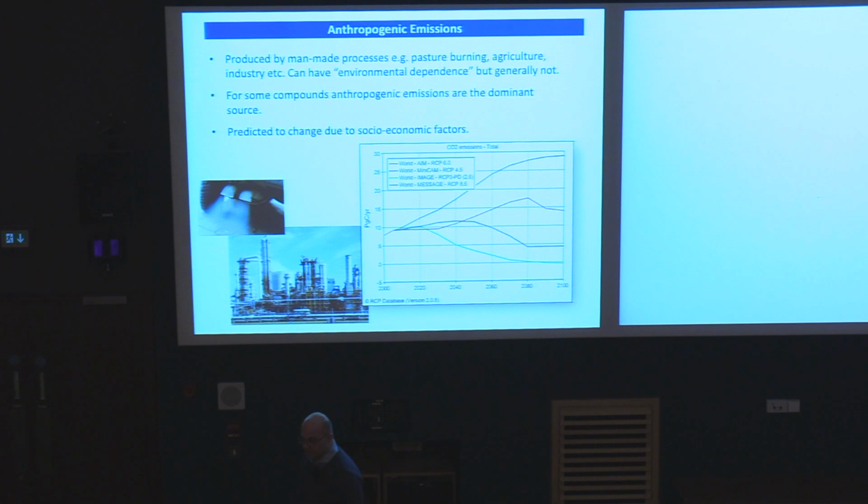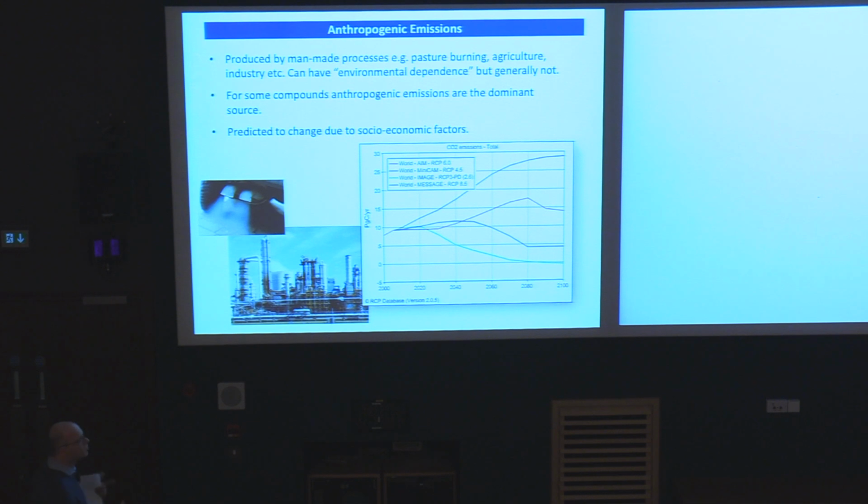Anthropogenic emissions, as I said, are man-made. The production and the use of fossil fuels is a large part of this. Some of them can have a general environmental dependence, but generally, if you compare natural emissions with anthropogenic ones, you will find that anthropogenic emissions have much more of a regular seasonal cycle that repeats year for year for year.